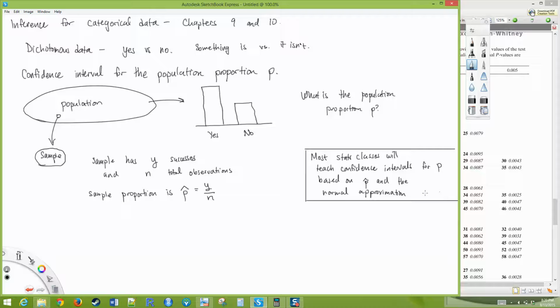It uses what's called the Wilson adjusted sample proportion and the Wilson confidence interval. I think it's Edwin Wilson.